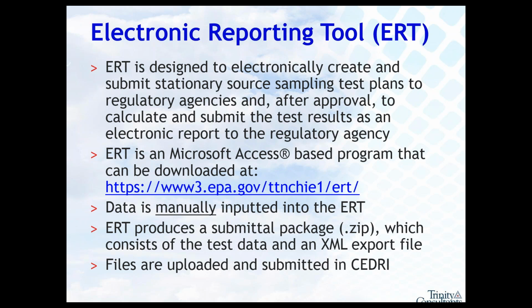That file would then be uploaded into CEDRI. The actual interface with CEDRI for these performance test reports is relatively straightforward. It's the interface with the ERT that's really the challenge and where you'll spend most of your effort.